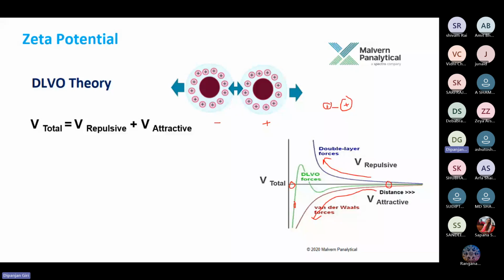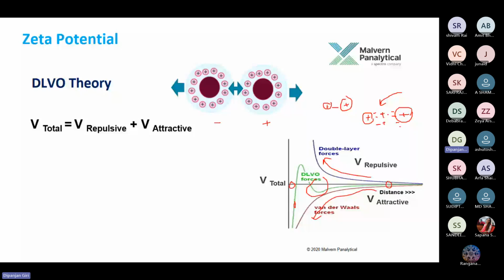Now another situation on the graph. Here, if you have two charged particles and you add some external electrolyte, it will form a kind of electrolyte cloud, like negative, positive, positive, positive.